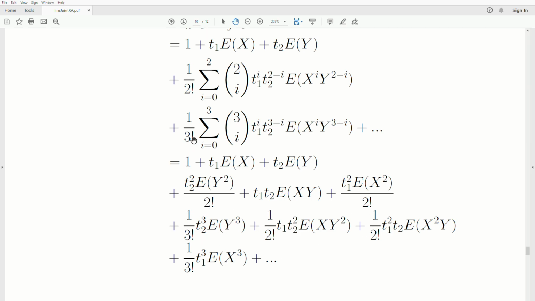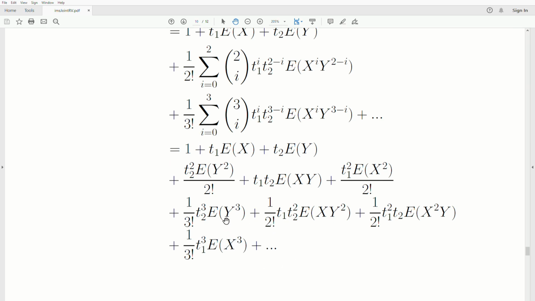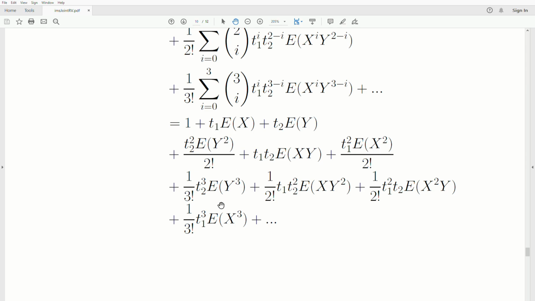And the 3 factorial is for the first and last terms, but when you expand this, you get a 3 as a coefficient, which cancels with one of the 3's in the 3 factorial. And so this is it. And so we're going to take this expression, start taking derivatives of it with respect to t1 and t2.